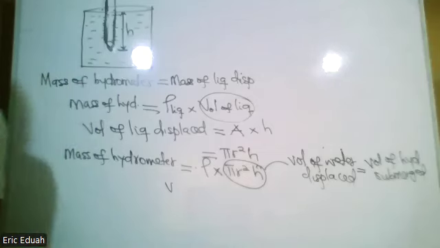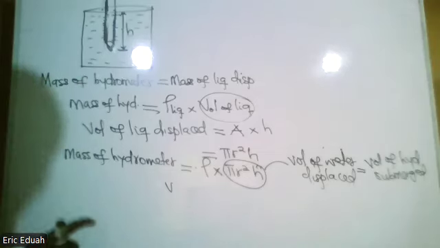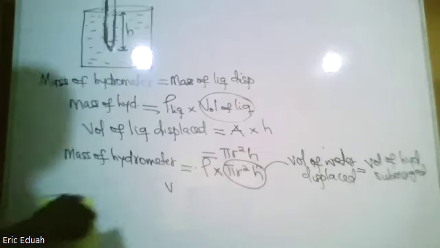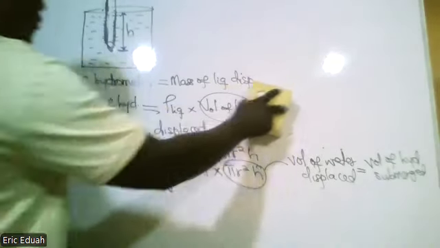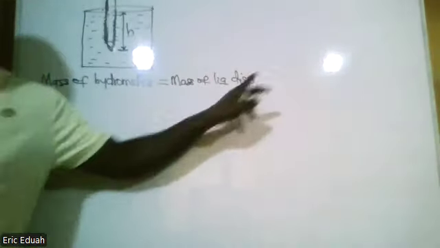Okay, so quickly, let me go over for the last time. Pay attention. The hydrometer floats, so it works on the principle of flotation. The principle of flotation is that the mass of the hydrometer must be equal to the mass of liquid displaced.